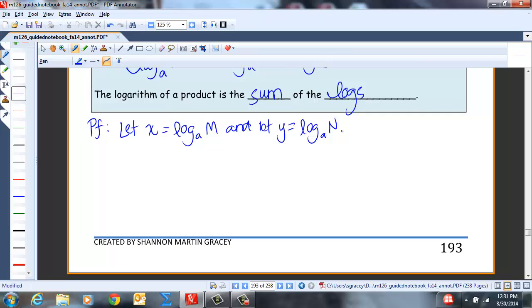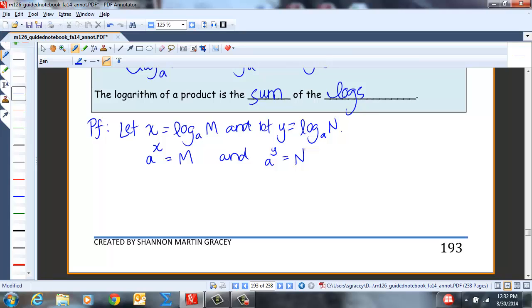Good. We would get, working from this guide, a to the x is equal to m, because a is the base, x is the power, and m is what's inside the log. And so over here we'll get a to the y is equal to n.